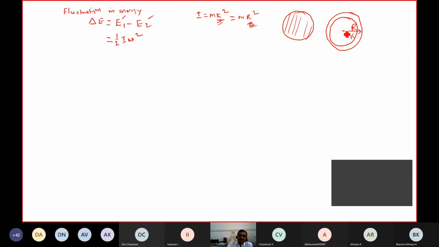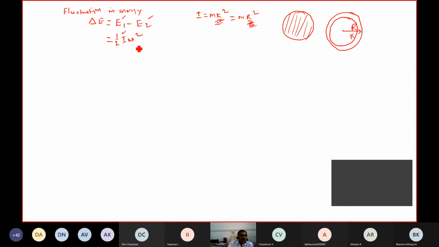We have a hub and arms, but they are very negligible. So in case of a rim, we can take r is equal to k, but not all the time. If you take a disc, r is not equal to k. So in case of a flywheel, you can take r is equal to k. So the moment of inertia I is equal to m k square or m r square, right?